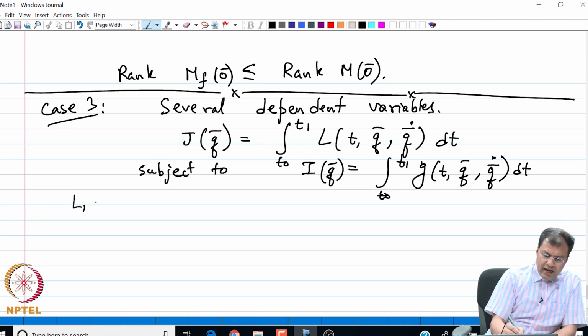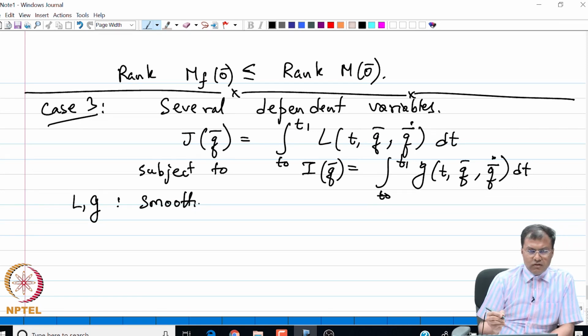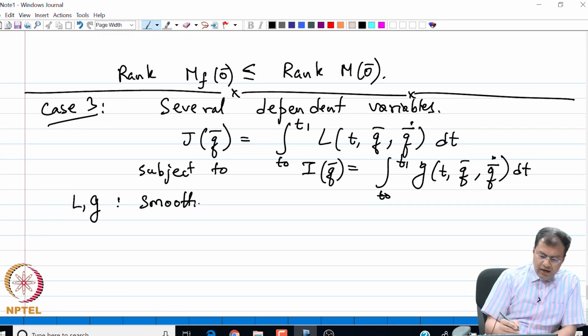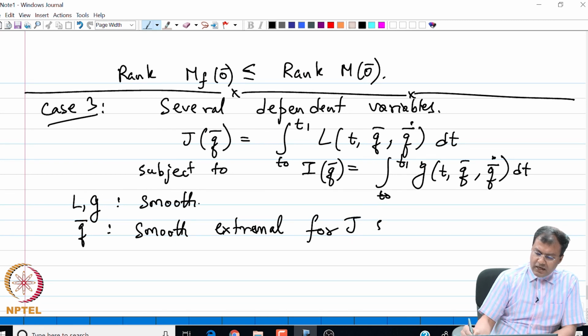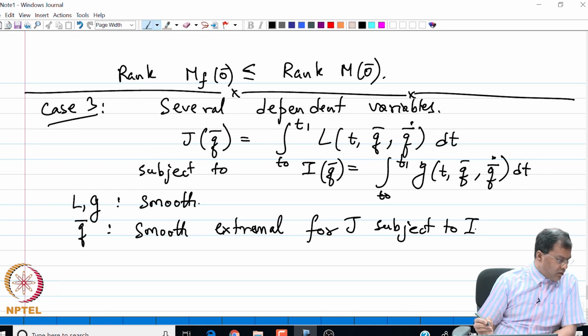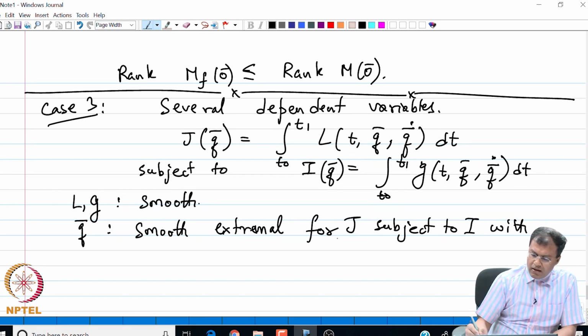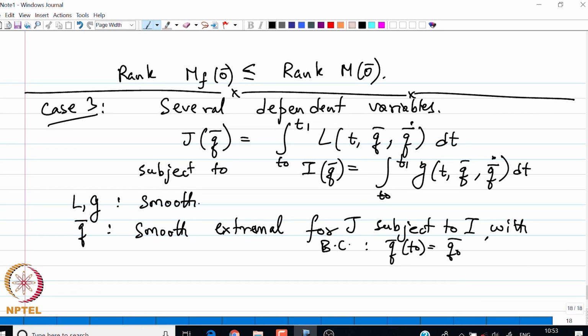So, we have that L and G are smooth, with continuous derivatives up to second order, and let us say that q bar is a smooth extremal of this setup, right. So, q bar is an extremal of J subject to I, with my boundary conditions q bar of t0 is q bar of 0 and q bar of t1 is q bar of 1.